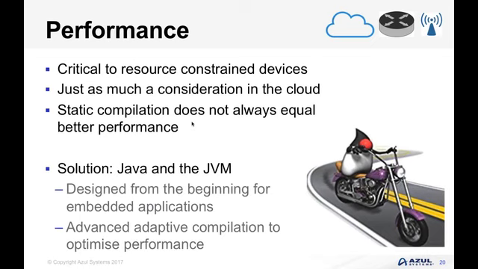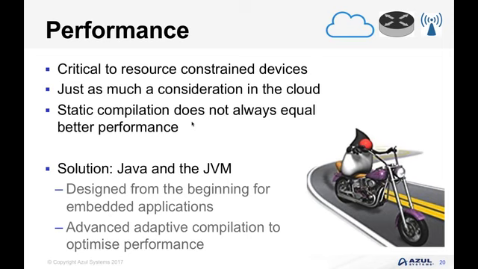So if we look at things like Java and the JVM, this again was designed right from the very beginning to be used in embedded applications. If you go way back to the very beginning of Java, it was designed to be used on a thing called the Star 7, which was literally the very first PDA. Designed for embedded applications, it was designed to run in constrained environments.